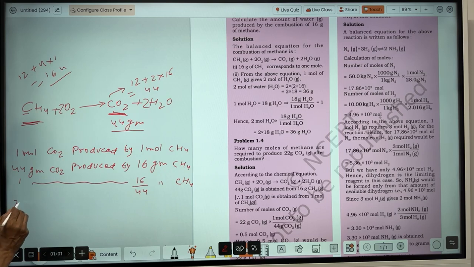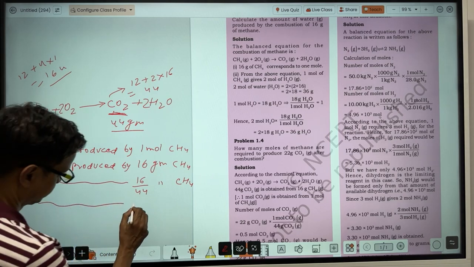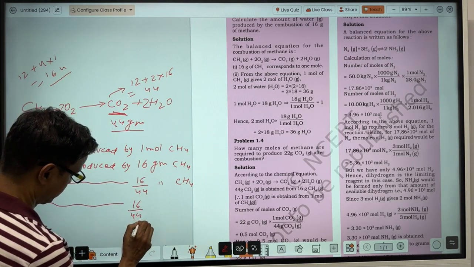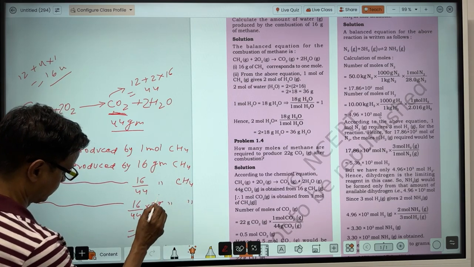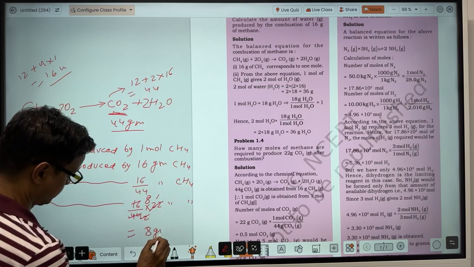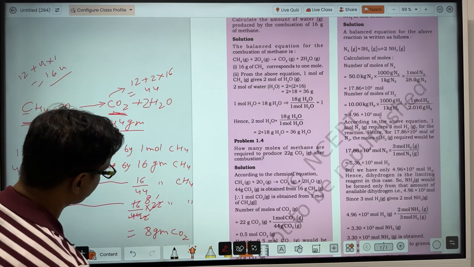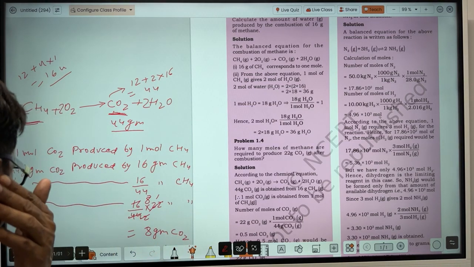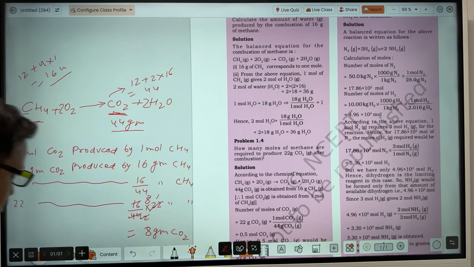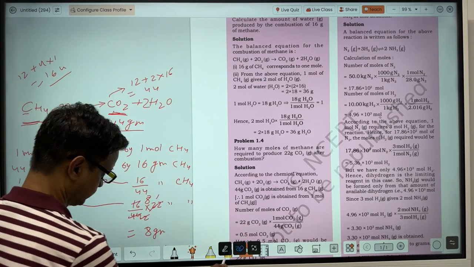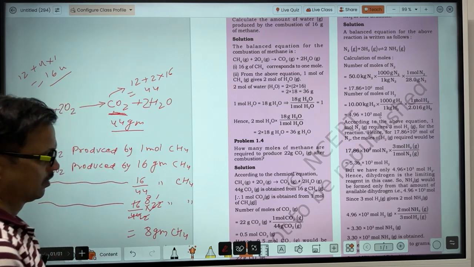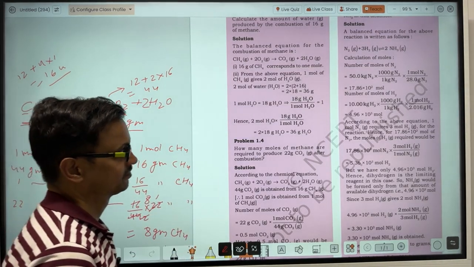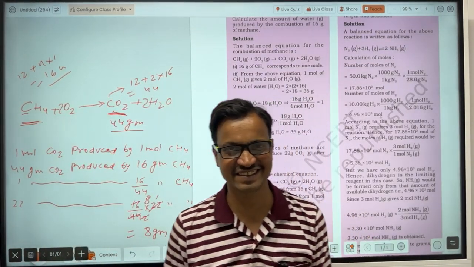So 22 gram of CO2 will be produced by 8 gram methane. That is okay, guys. Very easy.